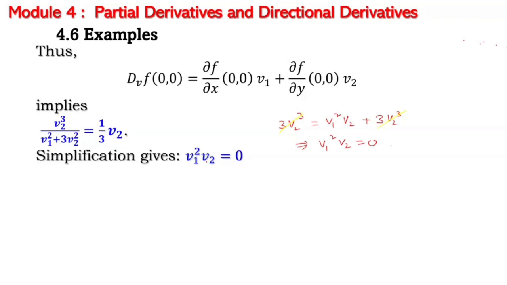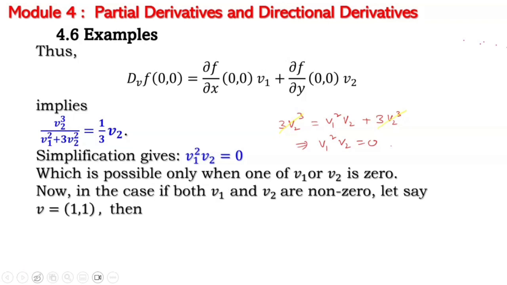Now this is possible because v1 and v2 together cannot be 0. Therefore either v1 is 0 or v2 is 0. Now in the case where both v1 and v2 are non-zero, let's say v is equal to (1,1).